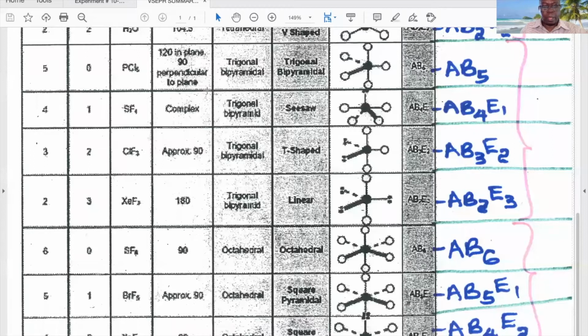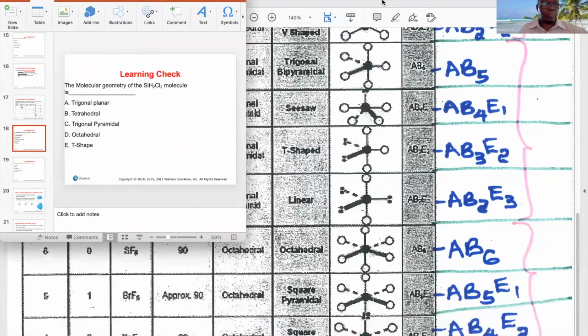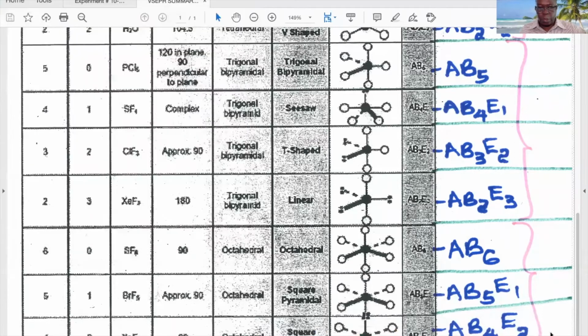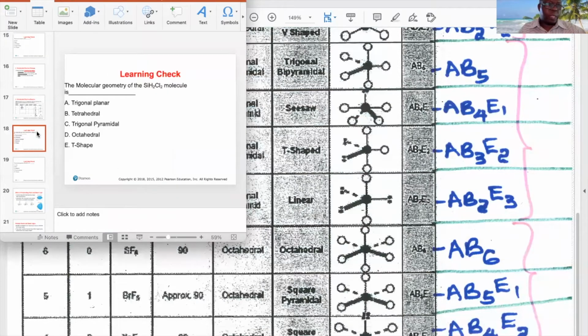If I look at the definition here, the electron domain geometry for 6 domains is octahedral, and the molecular geometry is square planar.